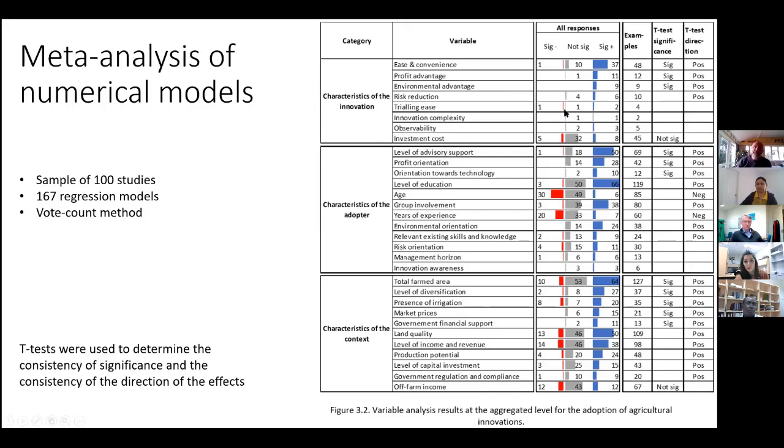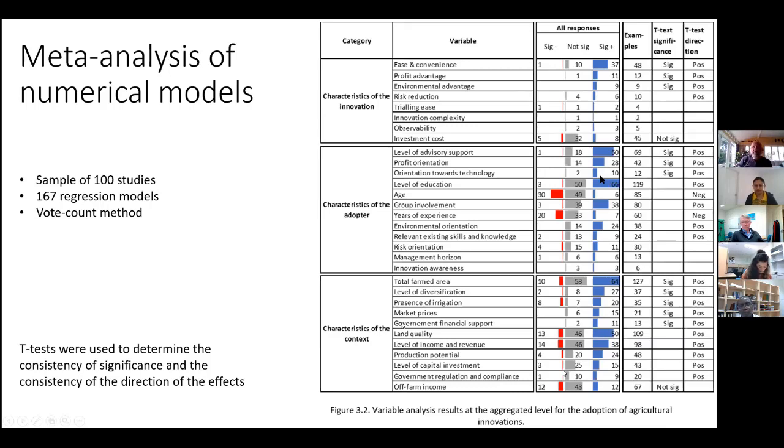As you can see, we have characteristics of the innovation, characteristics of the adopter, and some contextual characteristics at the bottom, with various degrees of results. What you can see immediately, without looking at the numbers, is the fewer number of characteristics of the innovation variables included in those examples, as opposed to the rest.